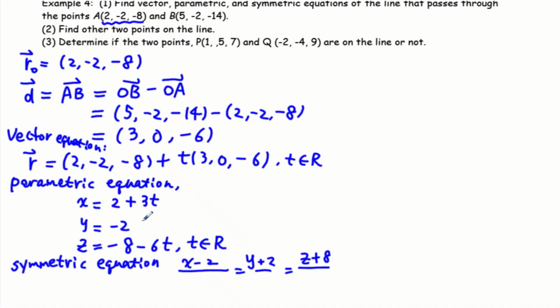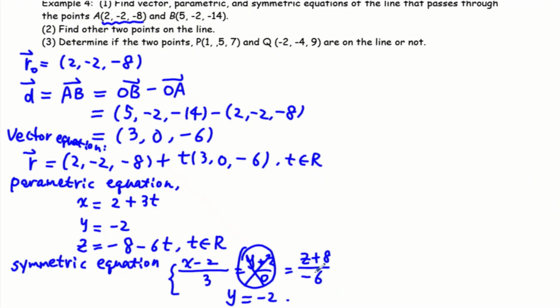So x minus 2 over 3, and this is 0, so we need to take this one out, because dividing by 0 is undefined, and z minus negative 8, that is z plus 8, divided by negative 6. The y part is not defined, but we have to add in y equals negative 2. So y is not changing. The line is parallel with the y-axis. So this is the parametric and symmetric equation.